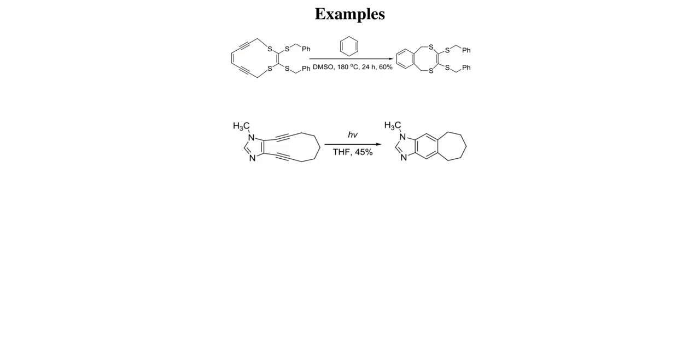Let's have a look at an example of such a reaction, and how the cyclization takes place using this type of substrate. As we already talked about, for this type of cyclization reaction, the en-diyne is the starting material.